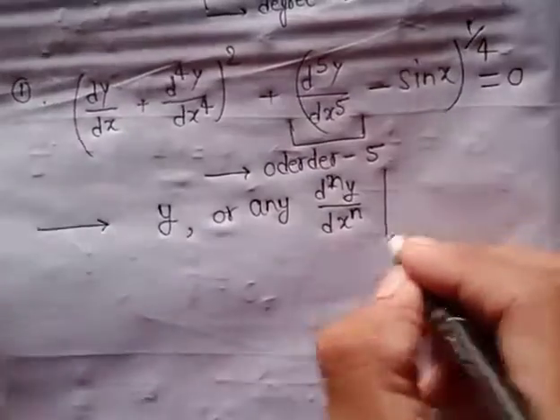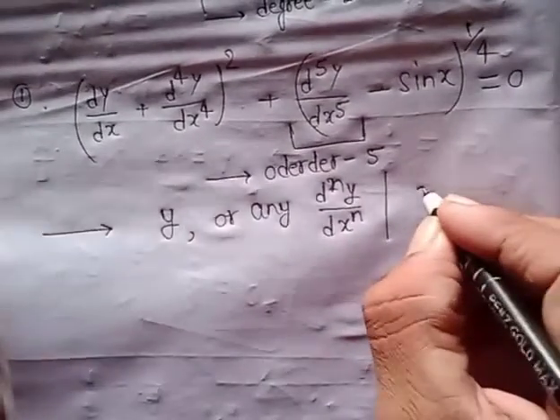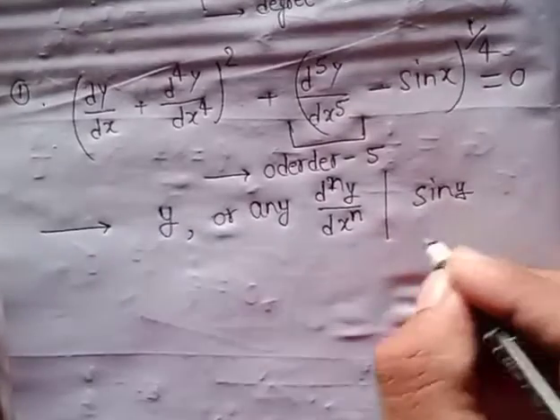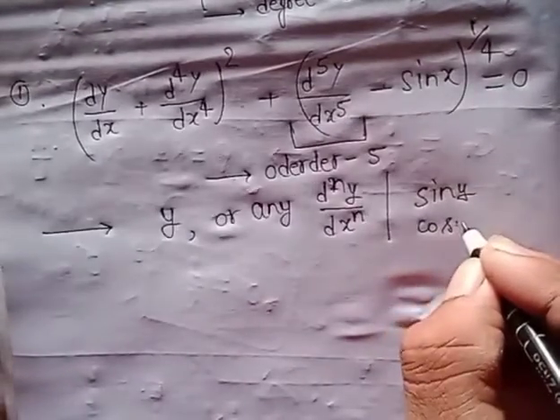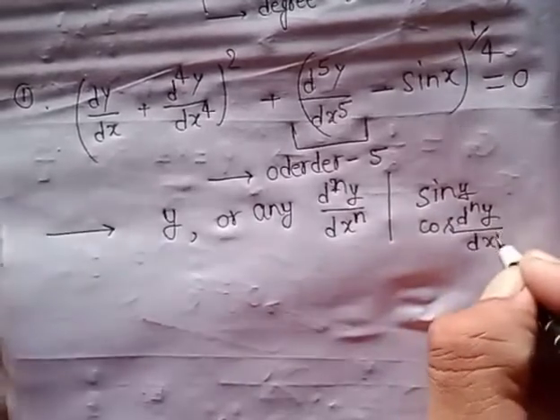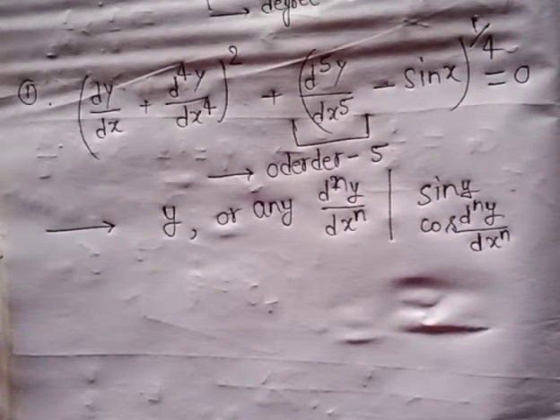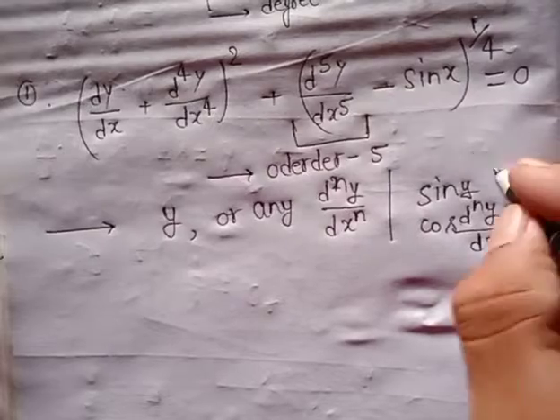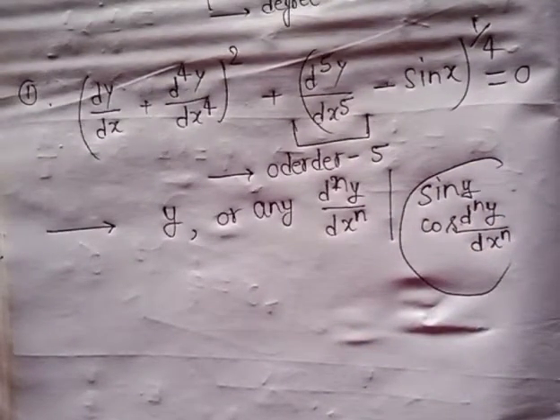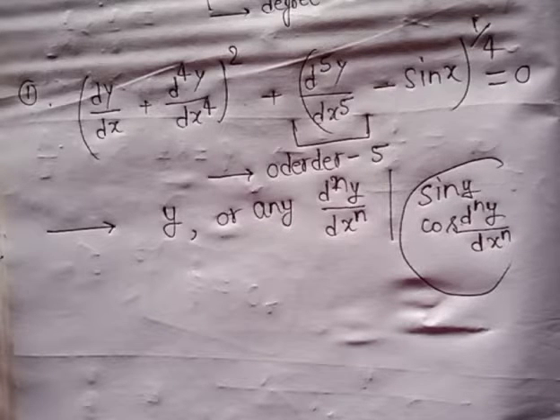This means there is no term involving sine of y or cosine of dny by dxn for any n. Such functions, like sin x, exponential functions, logarithmic functions, are called transcendental functions.